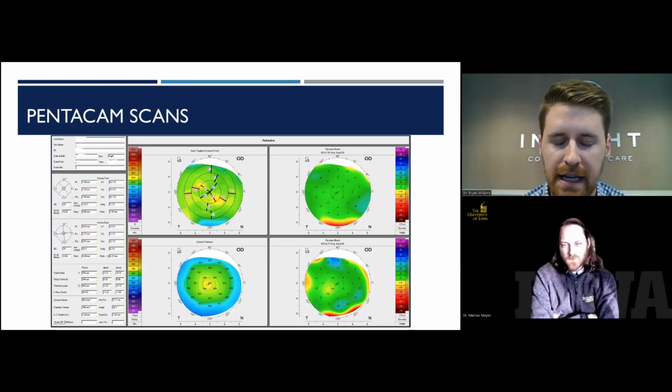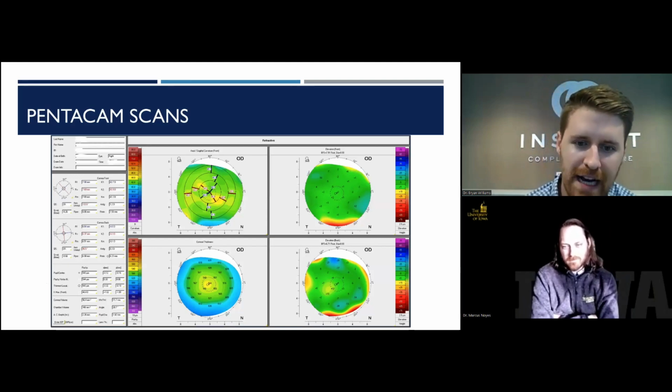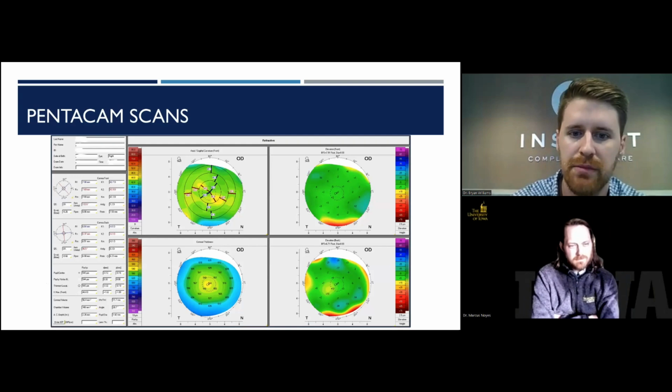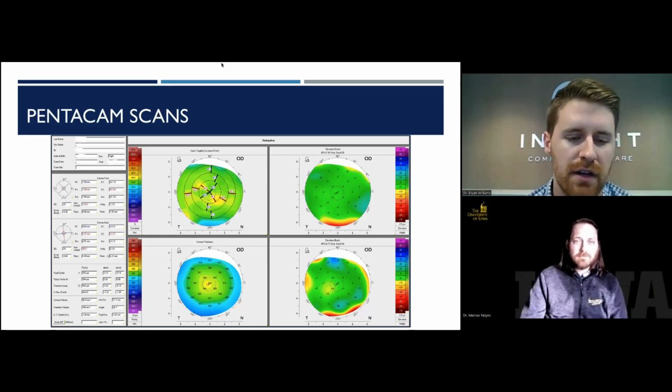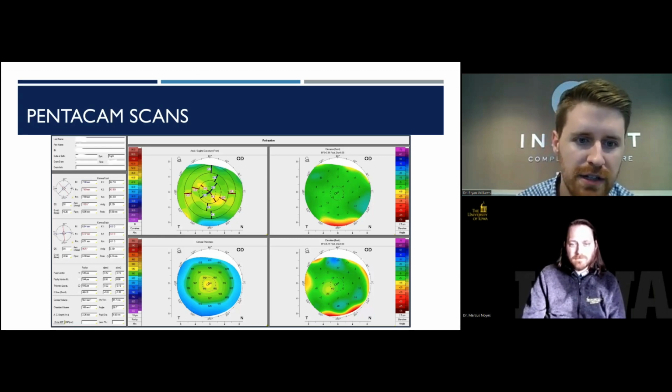So this was her Pentacam scan. Kind of tough to get a good quality image for. That dryness can really affect some of your data sets at times. One thing, just troubleshooting with this, I always try to tell my techs, if you're getting really poor image scans, you can see a lot of those coming up with some kind of yellow indicators there.